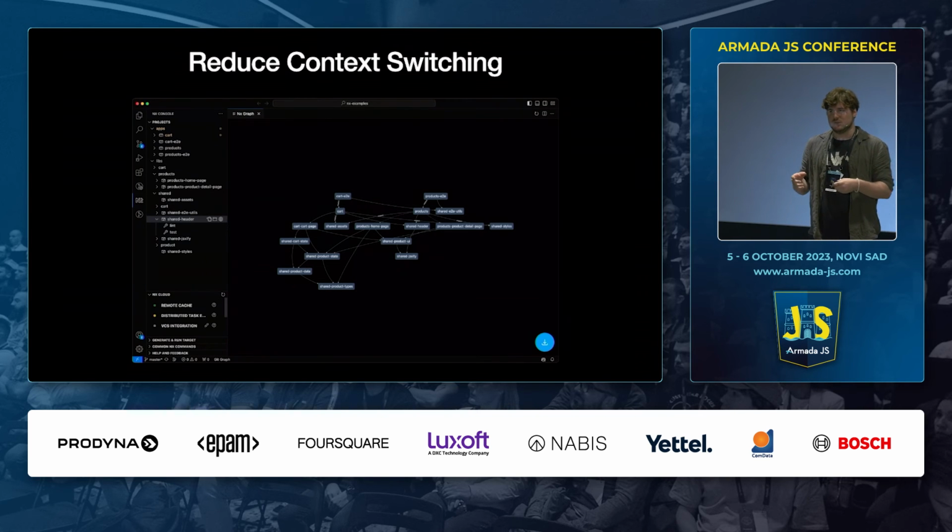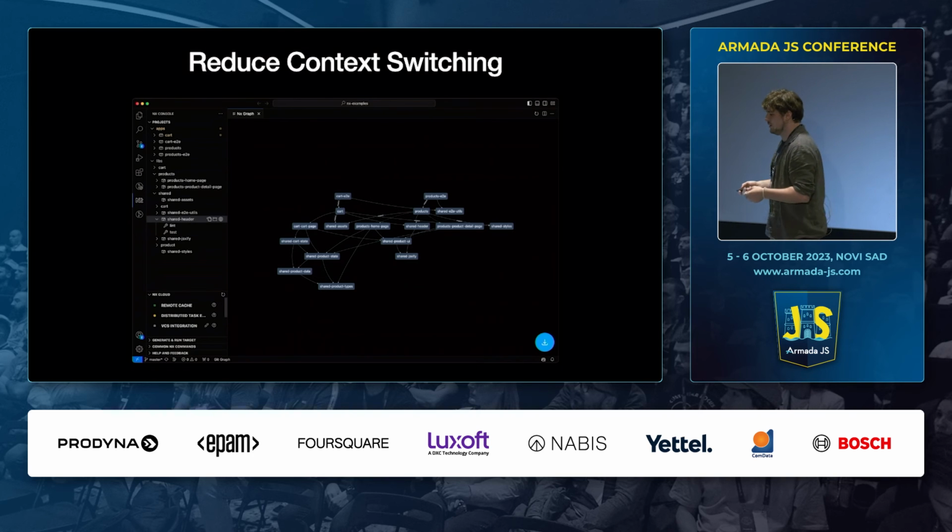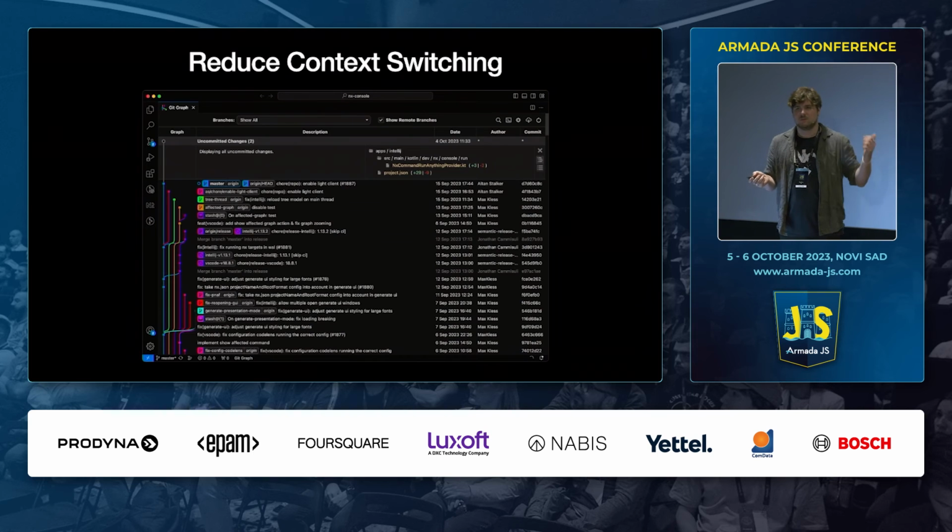You can just run the command and open the Nx graph that will show you all the different internal libraries and how they relate to each other based on the file you've currently opened. That context of "I'm editing this file right now" is not available if you have a separate tool in the browser, for example. That's something that IDE extensions are very good at, giving you that context of what you're working on currently.